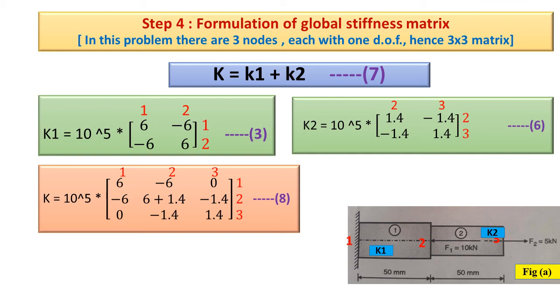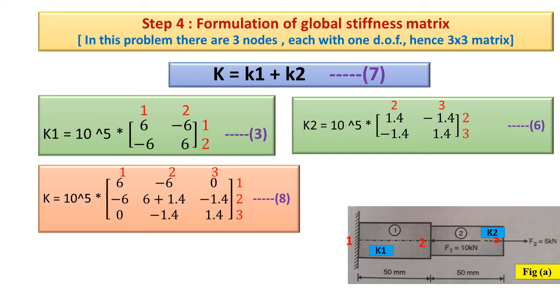But when we carry elements of K2, here it is 1.4 at location 2 2, where it was 6 from K1, so we will add that 6 and 1.4. Again 3 2 is minus 1.4. In a similar way we will complete it.